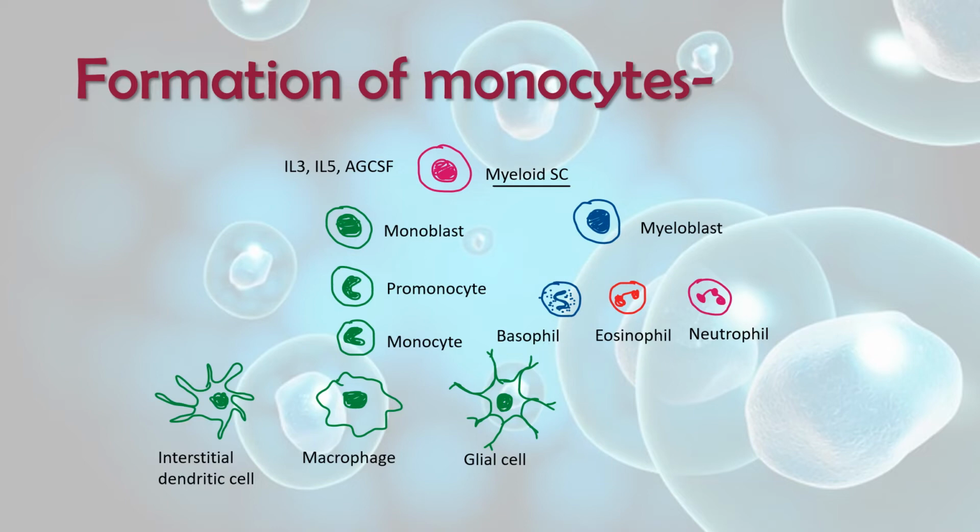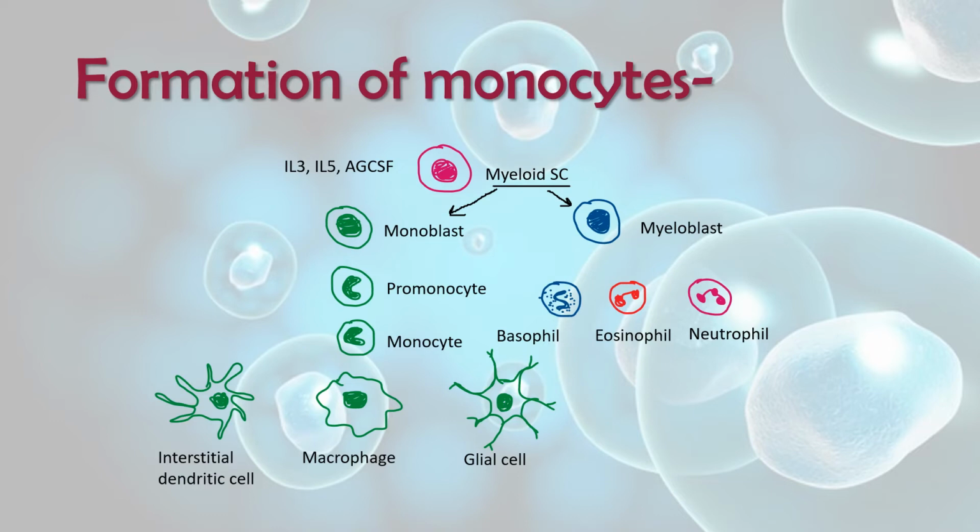You can say myeloid stem cells or myeloid progenitor cells. We all know that the myeloid stem cell gets differentiated into either monocytes or granulocytes.